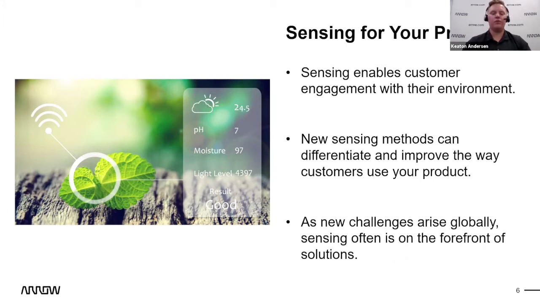Infrared obviously being a key element in that regard, being able to determine how far is something away, is there a hand up or something like that. You're going to see more and more of those come, and those are going to be driven very strongly by that sensing environment and by the ability for sensors to get both cheaper and more efficient.